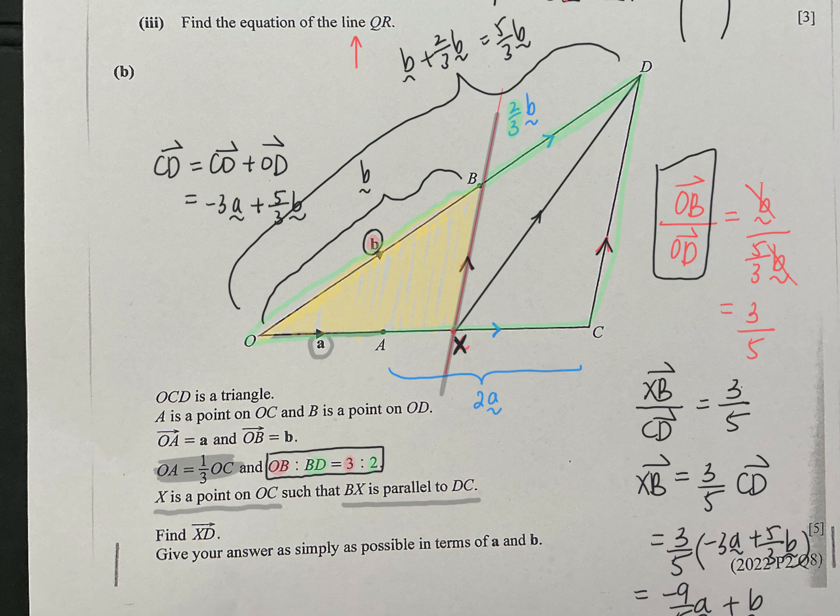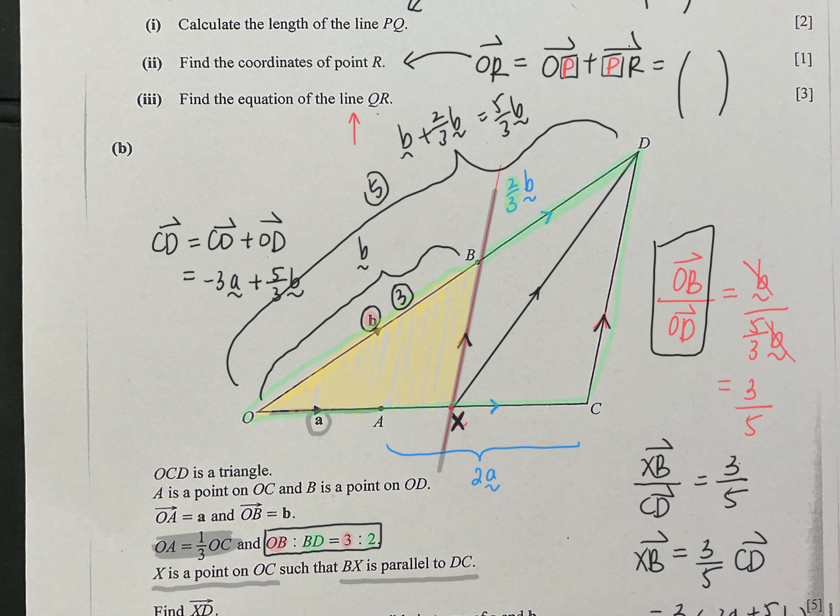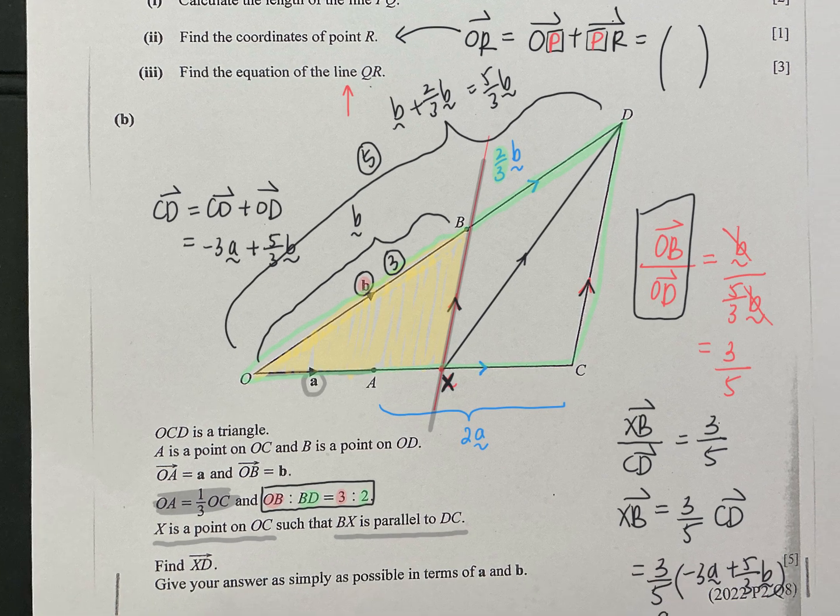This one is 3, the whole thing is 5. That means this base must be 3, this must be 5, because it's similar triangle. So this must be 3:5.